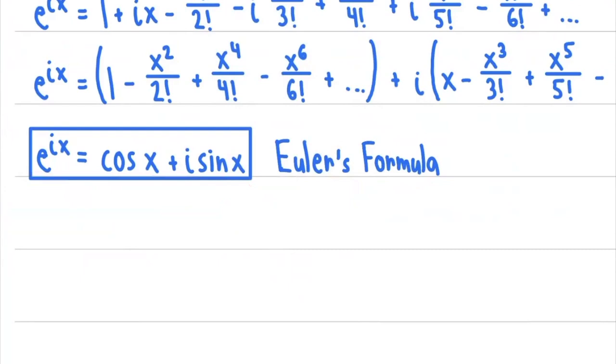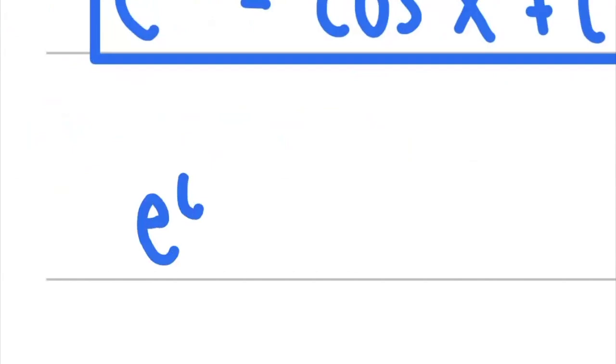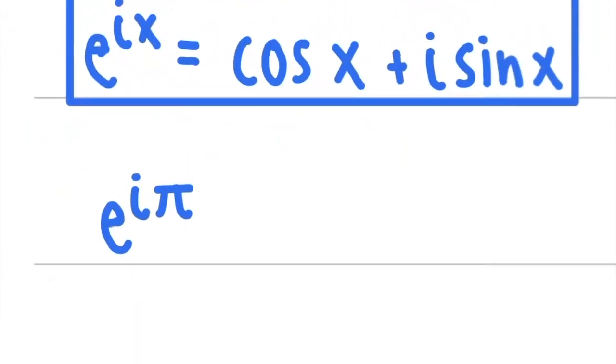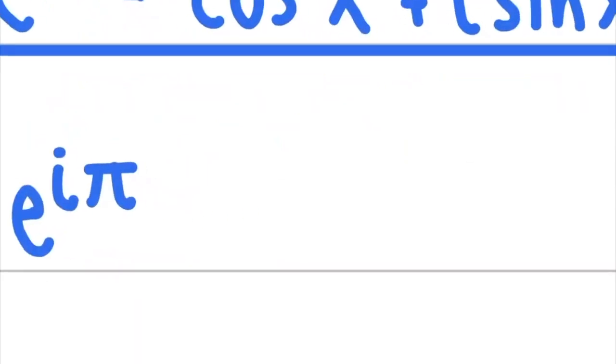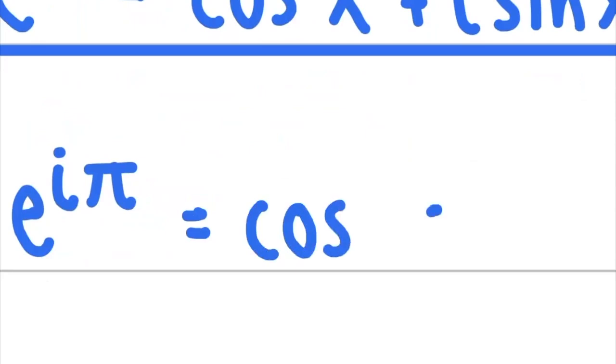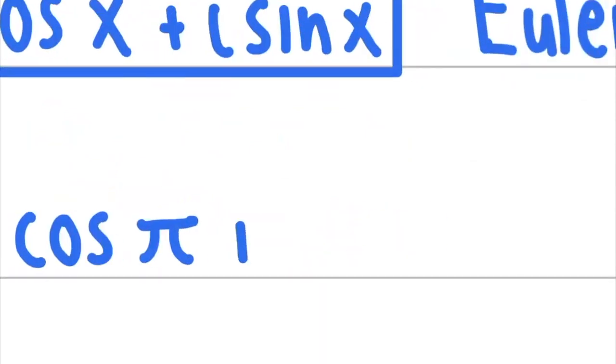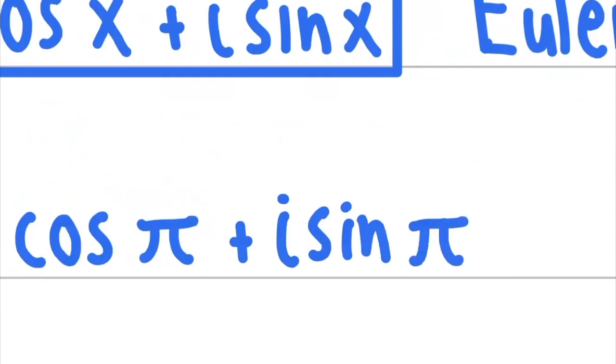And like you said, one of the coolest things about this formula is e to the i pi. So you can plug in whatever you want for x because this formula is true for all x. But if you plug in pi, you get something very interesting. So if you have e to the i pi, I'm replacing x with pi. This is going to be cosine of pi plus i sine of pi.